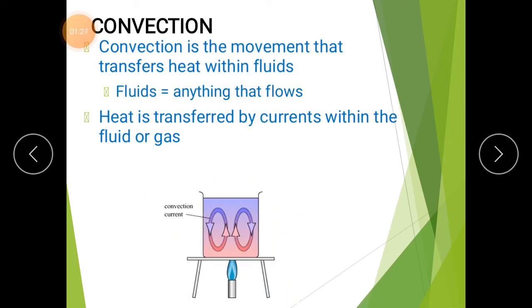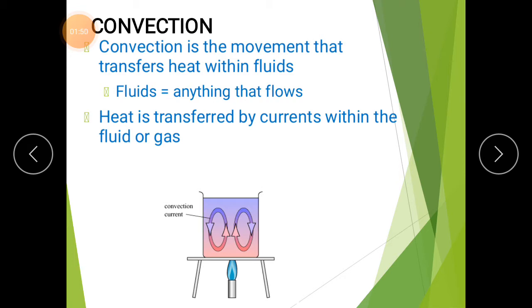What is a convection current? Class, liquids and gases may be poor conductors of heat, but they can carry heat because their particles are free to move around. I told you that conduction takes place in solids.